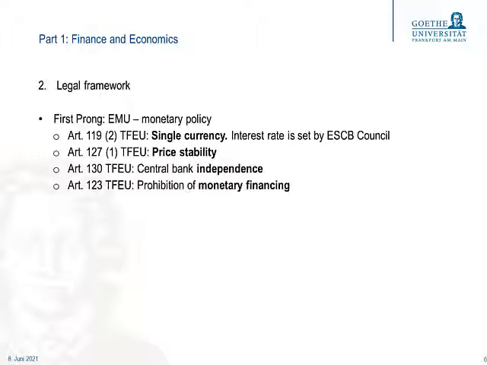They cannot directly purchase government securities from the government. They can purchase them from commercial banks indirectly. Commercial banks want to have access to central bank funds, but they cannot just fund the government by printing money. That's what Article 123 says.